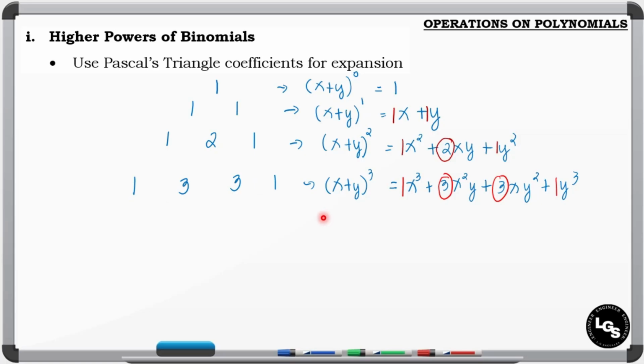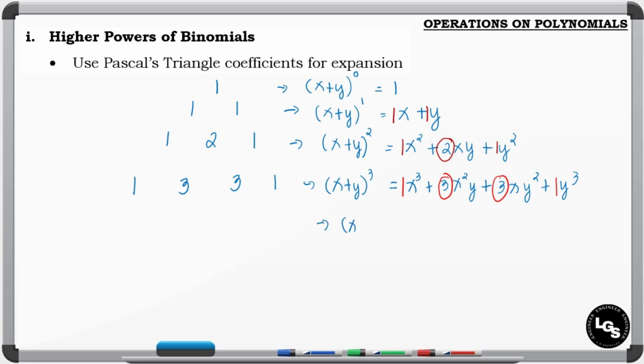So for higher powers like 4, we can use again the Pascal's triangle, because if we only have a power of 2 and power of 3, we can still use the special product. But how about if we have higher degrees, like raised to 4?